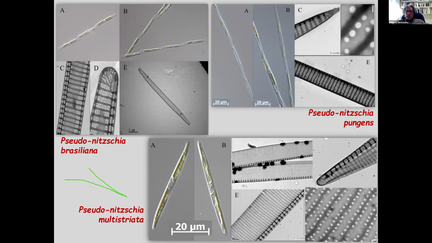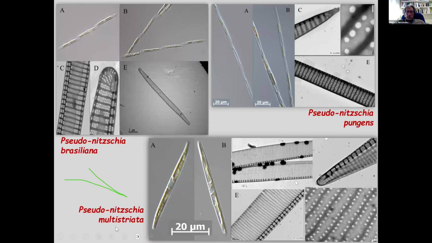They are not so easy to identify, but if you use transmission electron microscopy, you can find some differences which are important to separate these species.